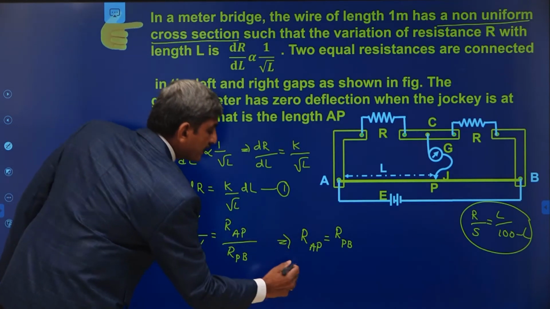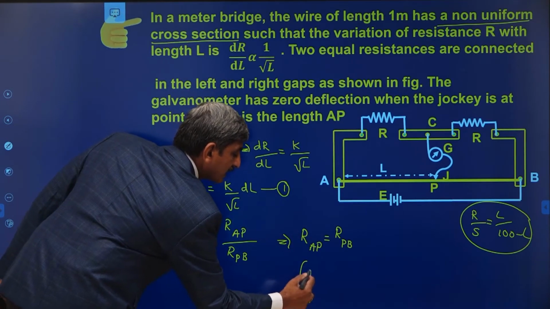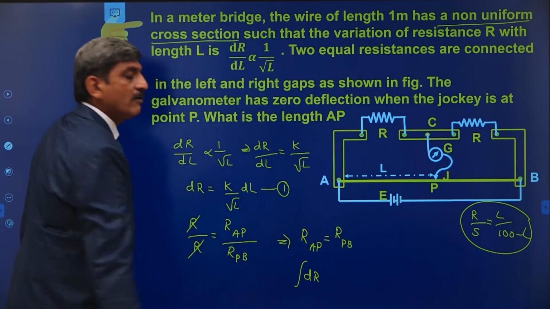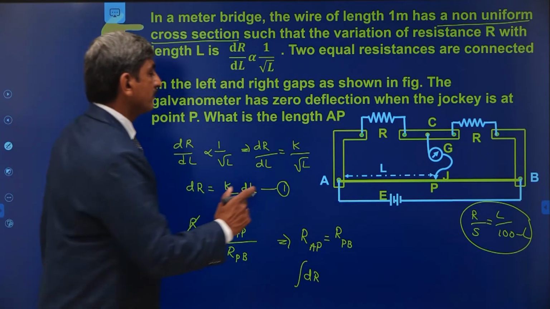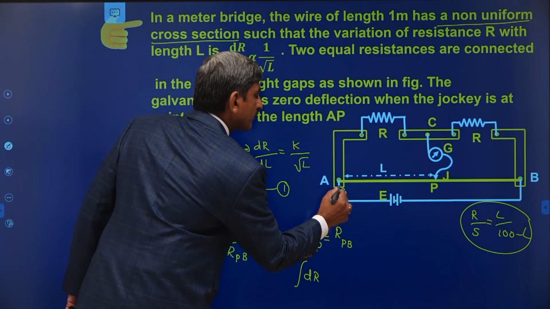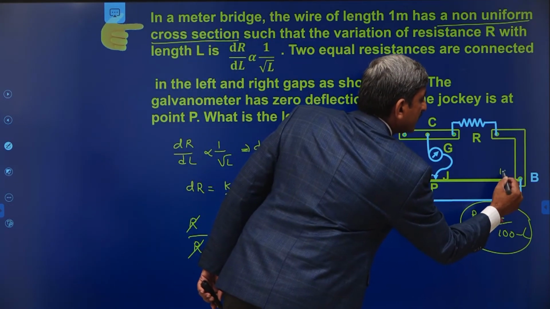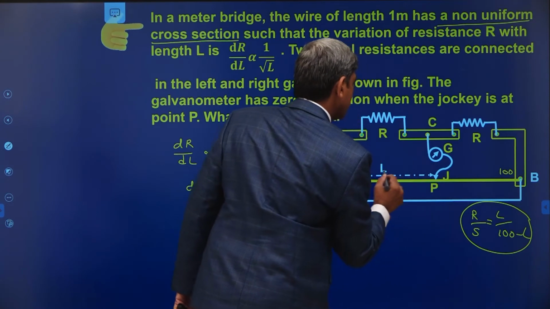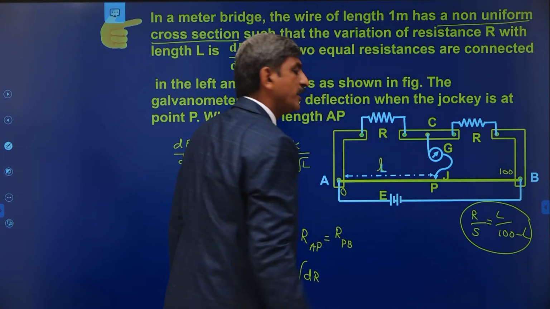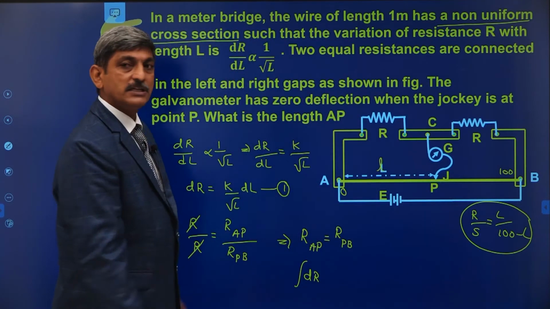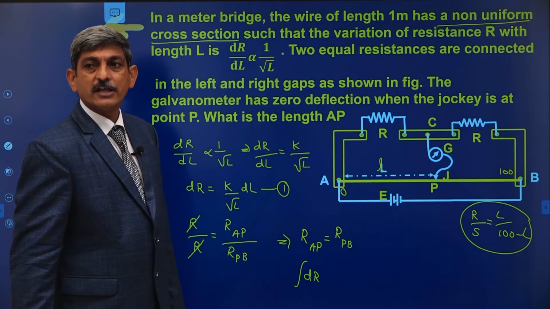Here what is RAP? This is integral dR. And what are the limits of the integration? Here this is the zero reading of the wire, this is the 100 reading, and this is the point P which is at a length L from the left end of the wire.